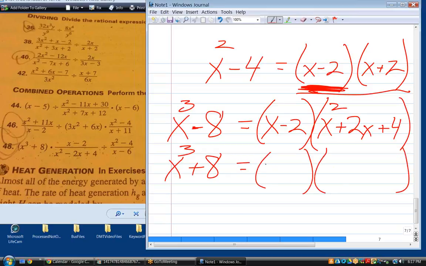X plus 2, and then x squared. Then is it always opposite? It's always the opposite of this sign, whether you're dealing with difference of squares, difference of cubes, or sum of cubes. Alright, so okay?